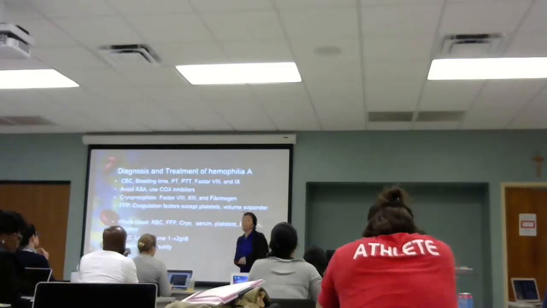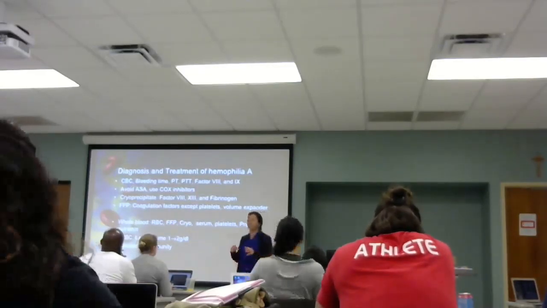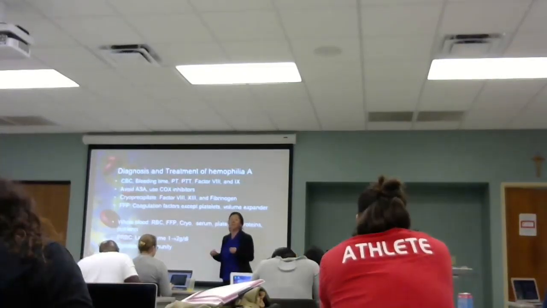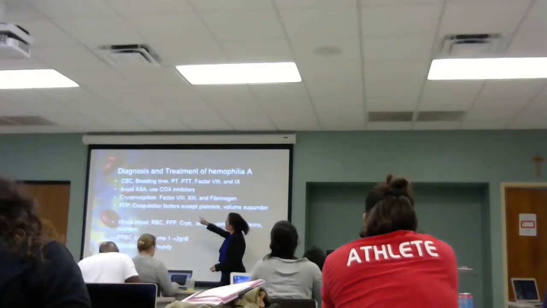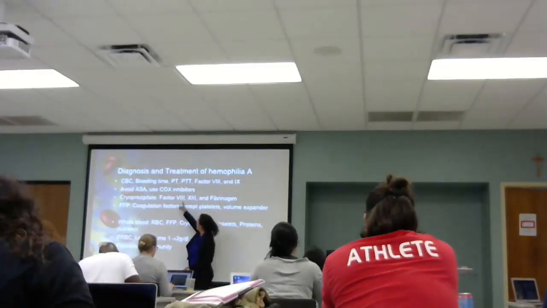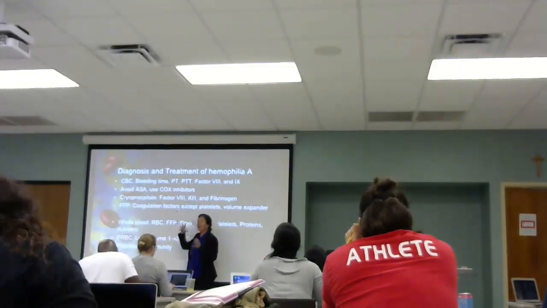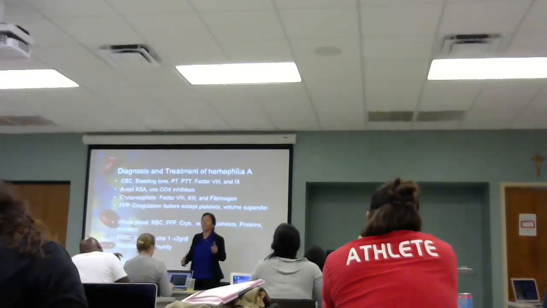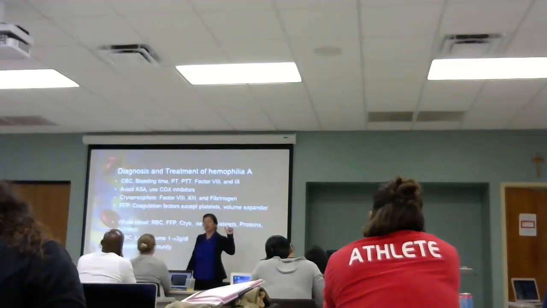Now, let me tell you what is cryoprecipitate and what is FFP, so you will be able to differentiate one from the other and what to give when. Okay? So cryoprecipitate has factor 8 and 13, but in essence, the only ones that I have in high quantity are fibrinogen and factor 8.